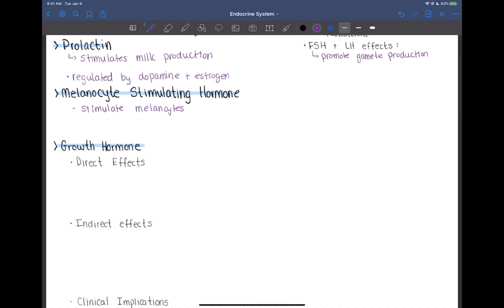In addition to stimulating melanocytes, it also has a couple of other effects as it relates to the hypothalamus. This MSH will travel to the hypothalamus because it is just traveling through the blood. So it would go to the skin and stimulate melanocytes, and it'll also go to the hypothalamus and cause a decrease in appetite, so it suppresses appetite.